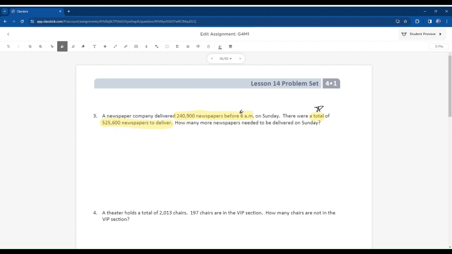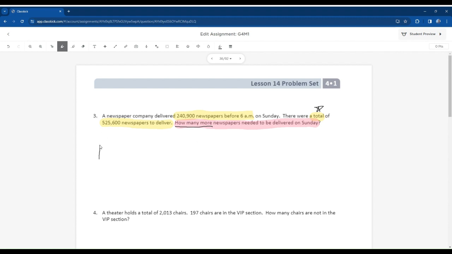So some were delivered before 6 a.m. Our job is to figure out how many more newspapers needed to be delivered on Sunday. And when we see these three words, how many more, that is almost always a word problem giveaway that you need to subtract.